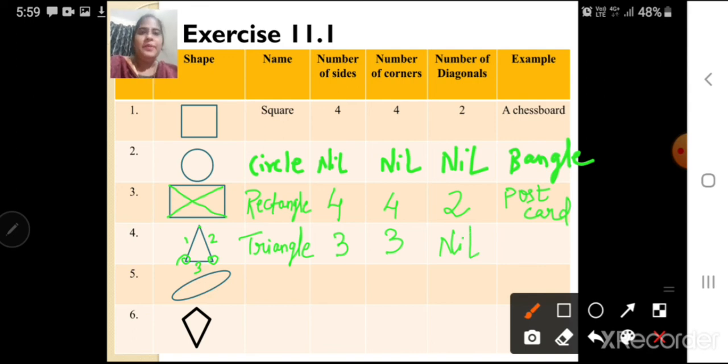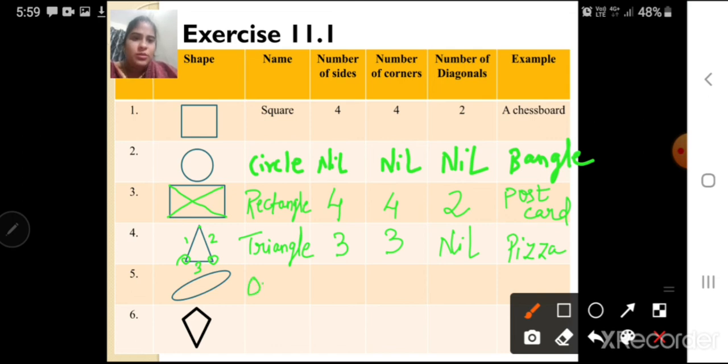And example, we can see triangle in so many shapes, correct? One of the best examples is pizza. When we cut the pizza, it's a triangle shape. So we can write here pizza slice. Okay. Then the fifth one. The shape is oval.